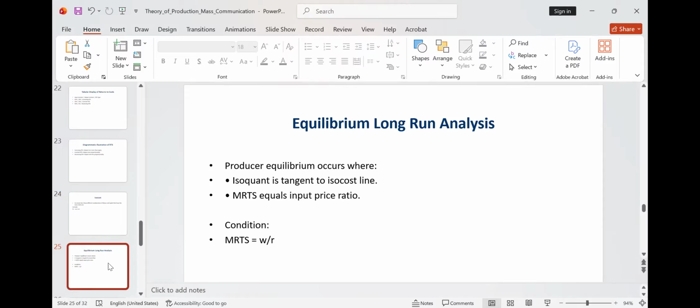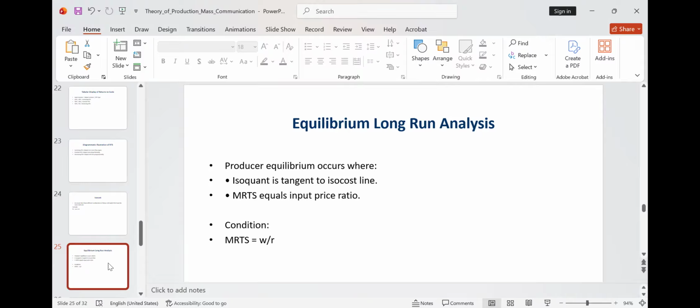So, equilibrium, long run analysis. Producer's equilibrium occurs when the isoquant is tangent to the isocost line. What does that mean? It means when the isoquant and the isocost equate together, you call it producer's equilibrium.